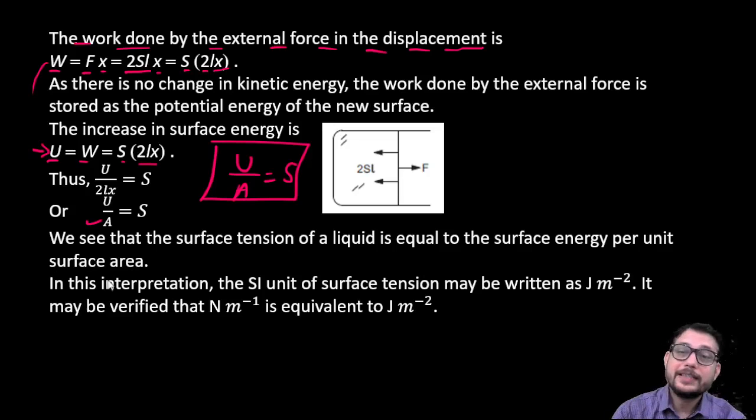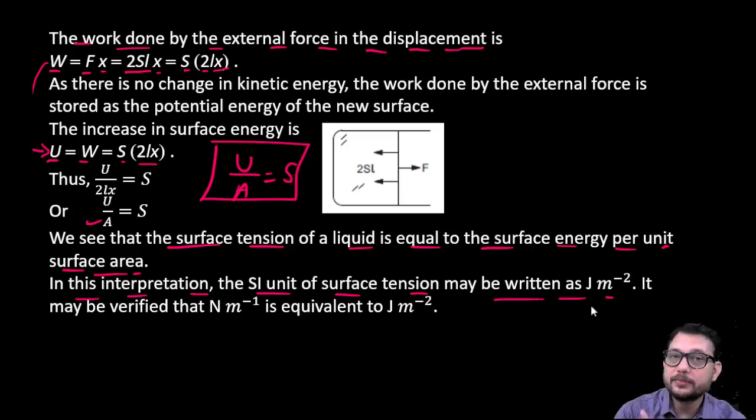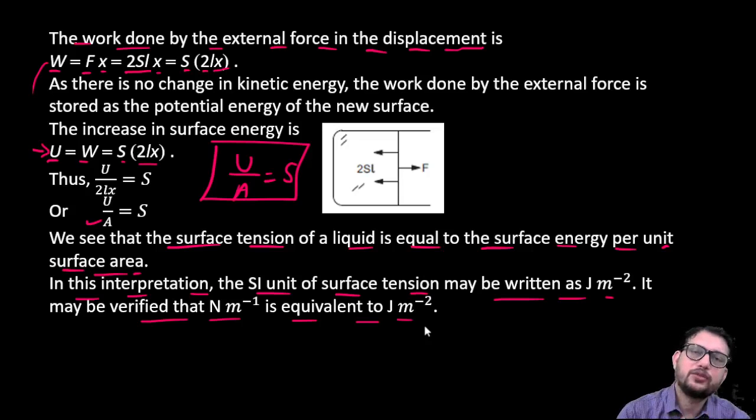Okay, we see that the surface tension of a liquid is equal to the surface energy per unit surface area. In this interpretation, the SI unit of surface tension may be written as joule per meter square. It may be verified that newton meter inverse is equivalent to joule meter inverse 2, and this is the same process which you can go through by dimensional analysis.